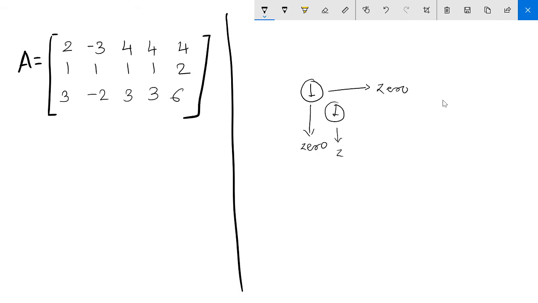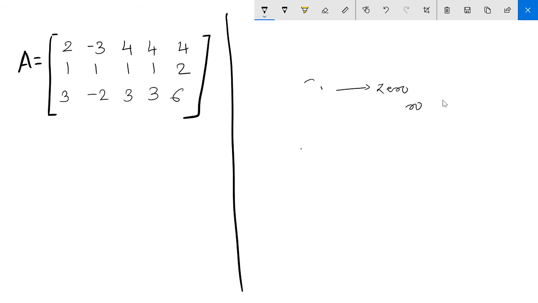Then the same pattern: everything below this 0, everything on this side 0. Then we go to the third diagonal entry, everything below 0, and here 0. This is how we will solve the matrix for its normal form.